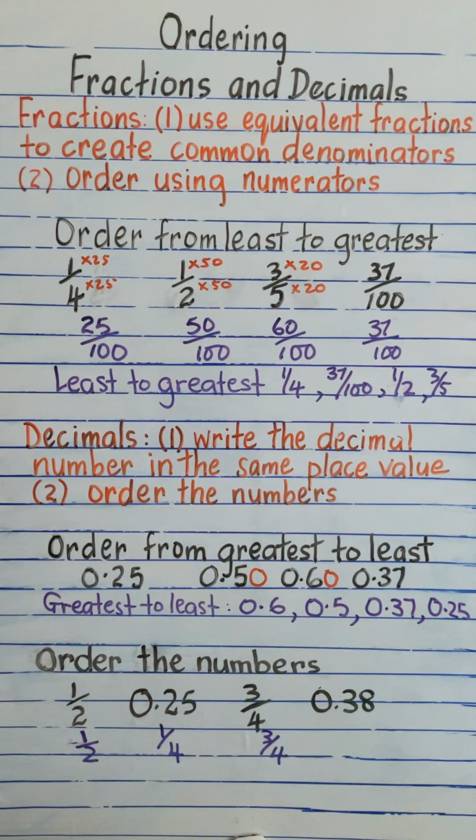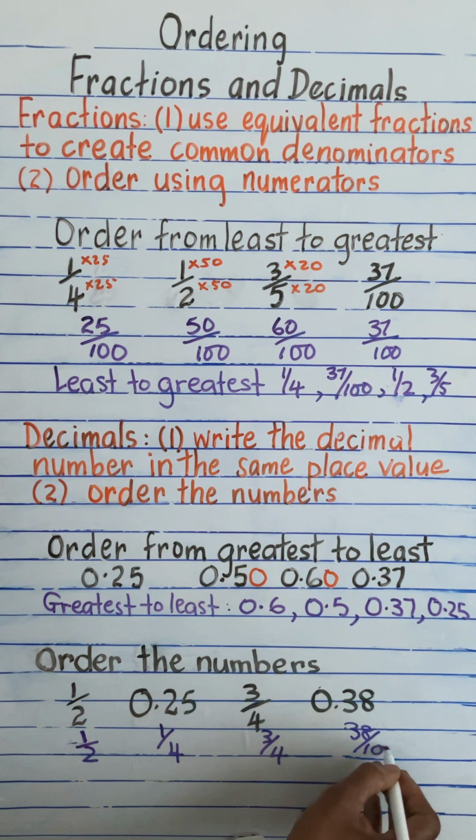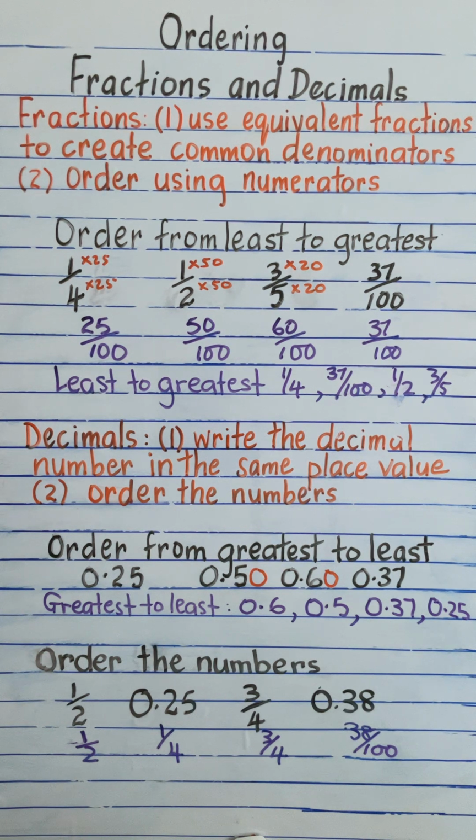And then 38 over 100. Now we have to do one more step because we have different denominators.